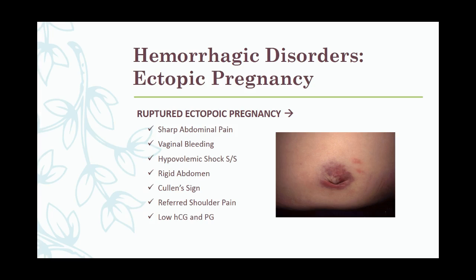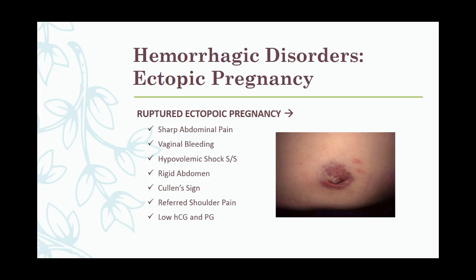These people have a rigid abdomen, and Cullen's sign is that bruising there that you see around this lady's umbilicus. That's called Cullen's sign, and it is a telltale sign that this person is having a ruptured ectopic pregnancy.